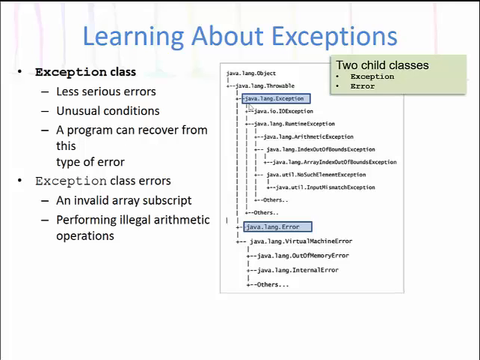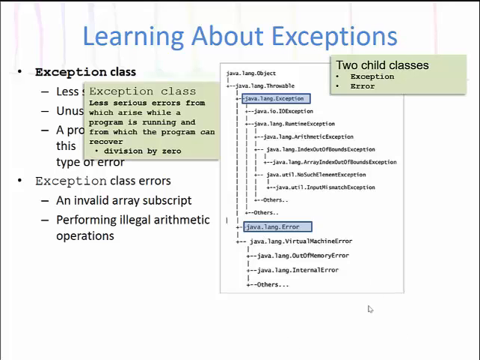All right, so under the parent Throwable, we have two children, Exception and Error. So these are two subclasses of Throwable that we can encounter. The Exception class is where we'll be playing today.